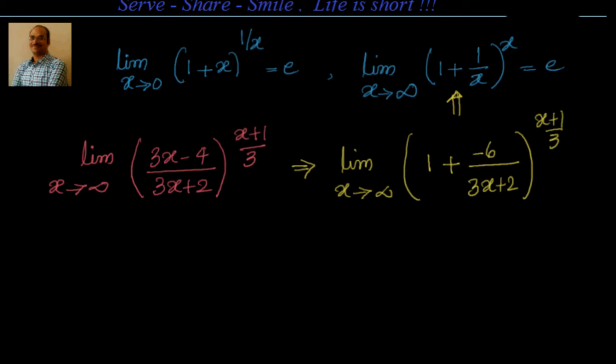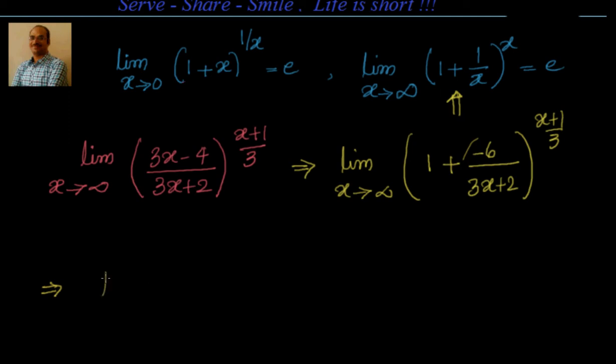Okay, let's go back. Now once we got it, what is the formula we should be in? We should be in 1 plus 1 by x. So my 1 by x is now minus 6 by 3x plus 2, to the power of, I should have x. So first thing, I'll put down x there, then I'll nullify it so that it will not modify the expression.